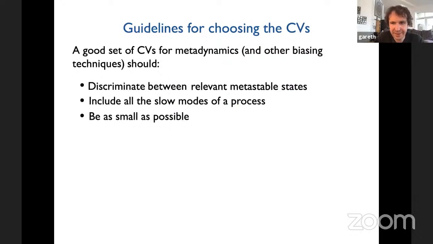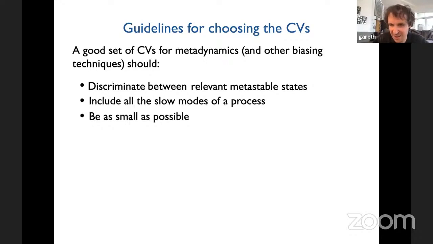Okay, so as I said, the most difficult choice is always the CVs. You want your CVs to be able to discriminate between the relevant metastable states, which should be the easiest thing to work out, because you should know in advance of running the simulation.